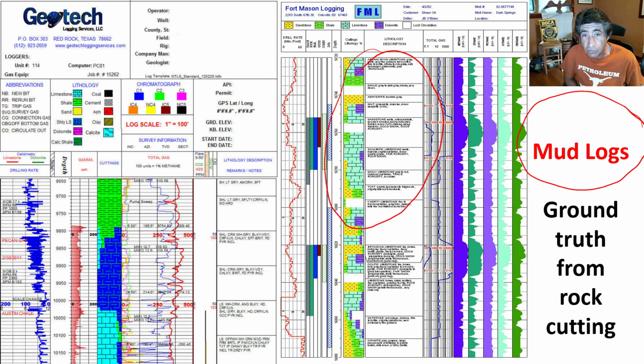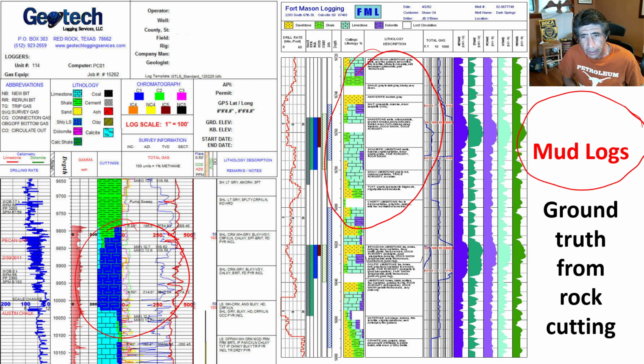In this case, for instance, we have descriptions that include salt, calcite, anhydrite, limestone, and so forth. Here, for instance, we have shale, sandstone, dolomite, a number of things.